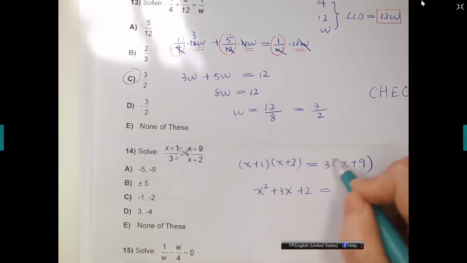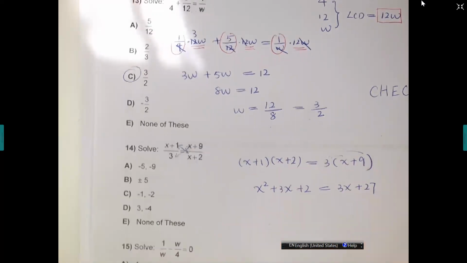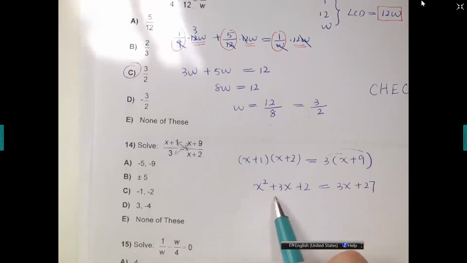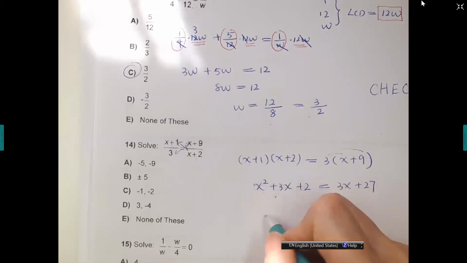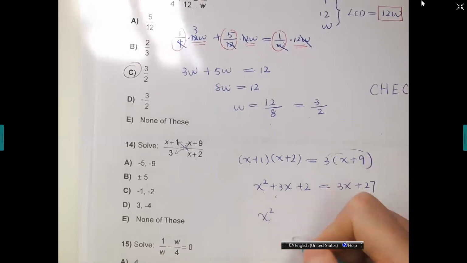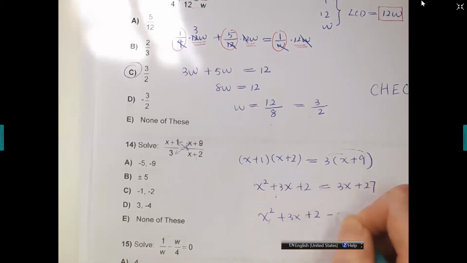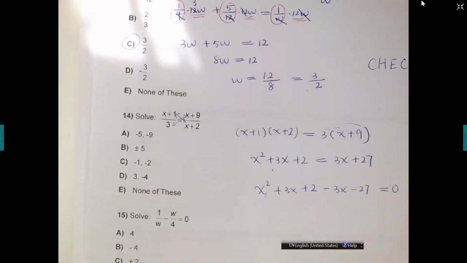Equals, for this one, we use the distributive law, 3x plus 27. Apparently, this turns into a quadratic equation here. I have the x squared term, and then move everything together: x squared plus 3x plus 2 minus 3x minus 27 equals 0.